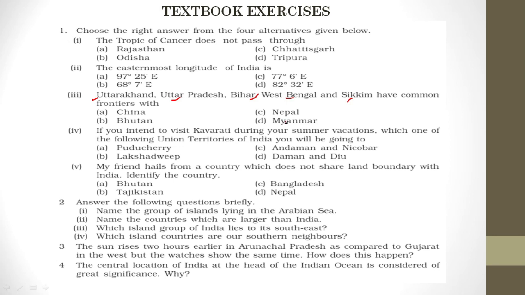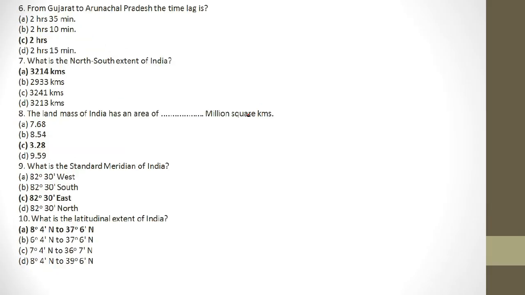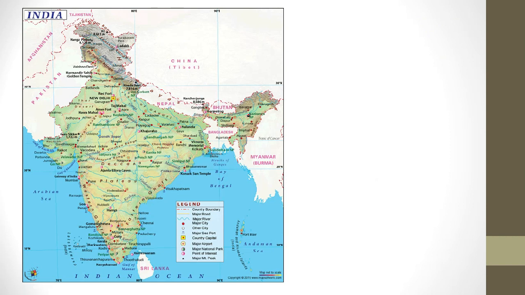So let us try to find out the answer, students, and the best way for finding answers to these type of questions is going to a map. Okay, now if you can see here, this is Uttarakhand and it is sharing the boundary with Nepal. Continuing down south in the line of Uttarakhand is Uttar Pradesh and it shares the boundary with Nepal.